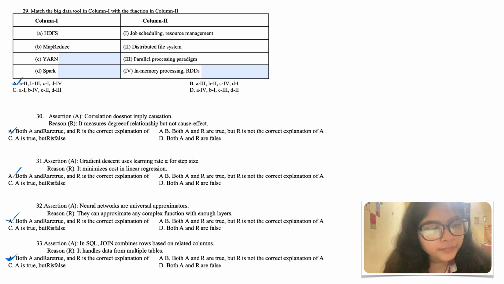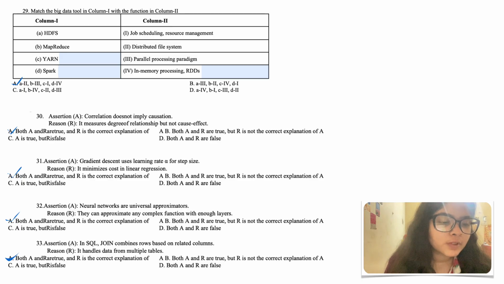Since it has at least one hidden layer and an activation function, it helps to do approximation for any complex function.